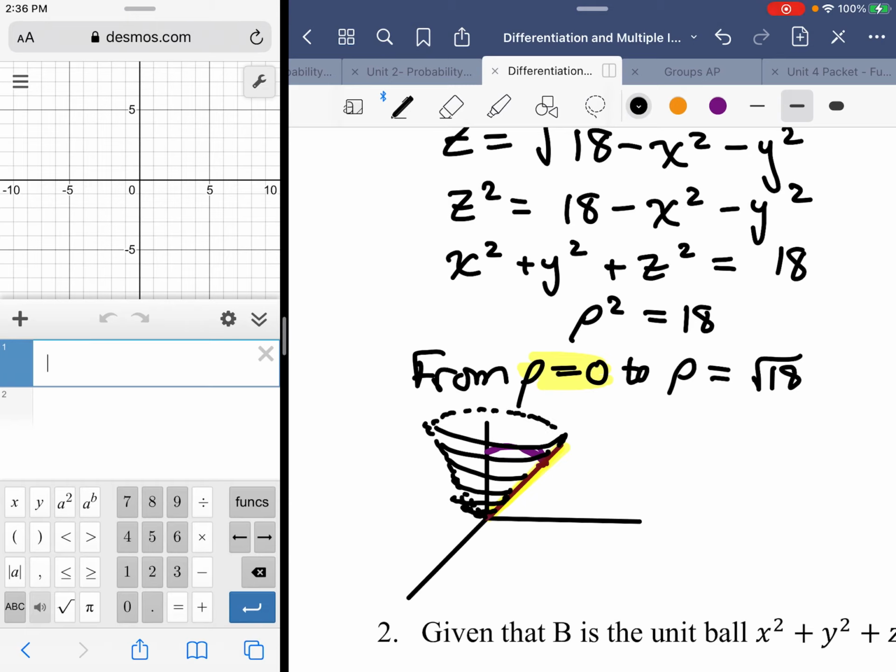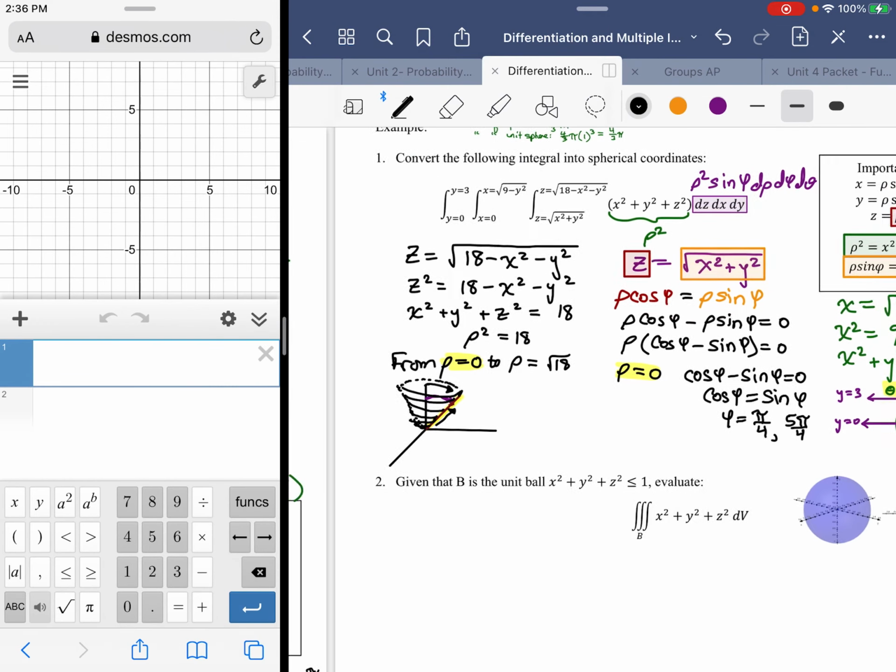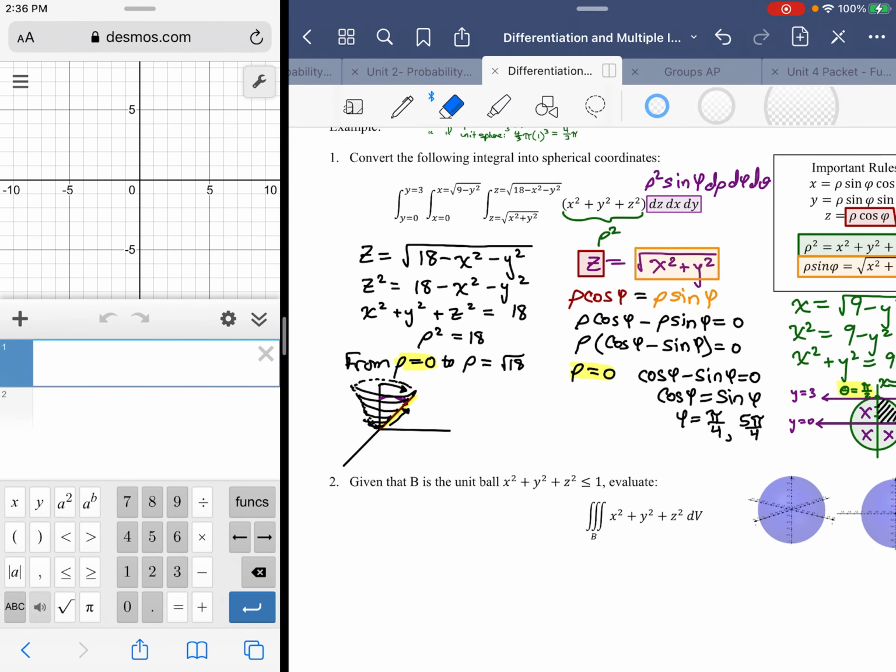All right, so again, it's spanning outward from the z-axis. It's growing in length, and it's being spun. All right, so three variables at work at the same time. All right, so pretty tricky stuff.